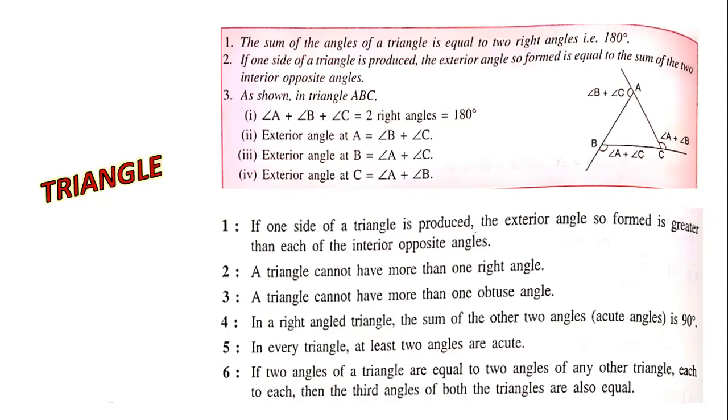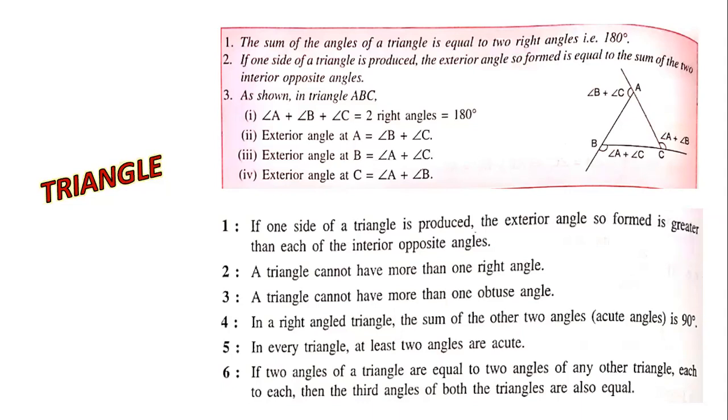In the other triangle also, one is 45 degrees, the other is also 45 degrees. 45 plus 45, 90. We all know that the sum of angles of a triangle is 180. Then 180 minus 90, the third angle must be 90 degrees. For the second triangle also, the angles are 45, 45. So the third angle must be 90 degrees.